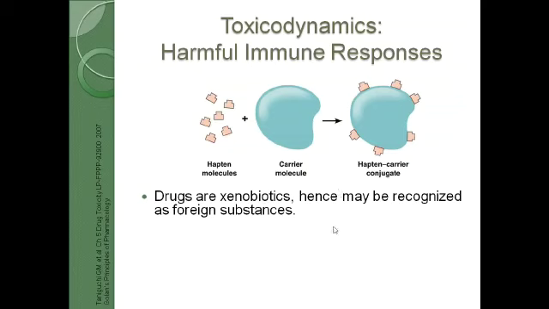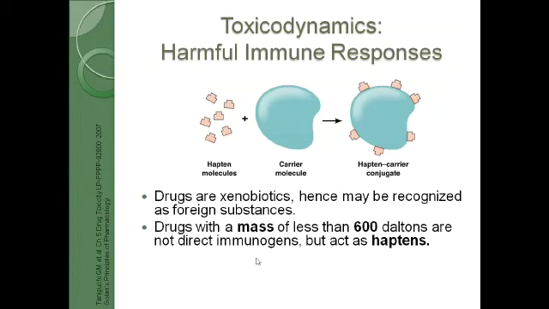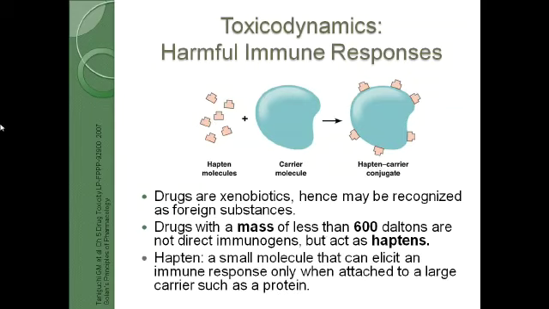So, drugs are xenobiotics. They may be recognized as foreign substances. Drugs with a mass of less than 600 daltons are not direct immunogens but act as haptens. You see here the hapten molecules, and this is the plasma protein acting as a carrier molecule. And here you see the hapten carrier conjugate.